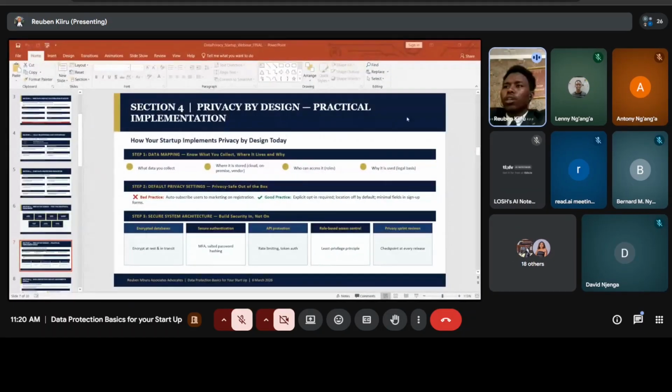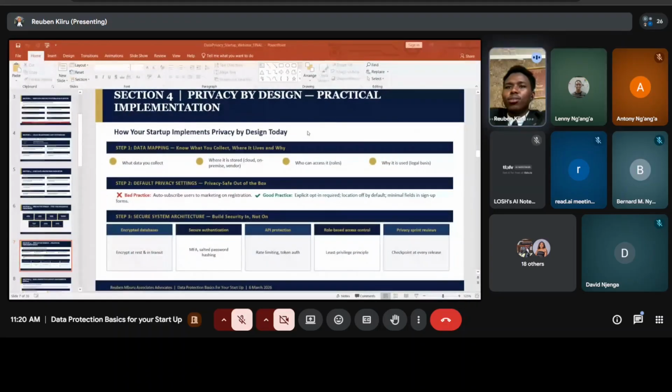And now, is it okay? Yeah, it's visible, though not in full screen, but it's better than not having the screen at all. All right, what I'll do is try to zoom it, but I'll also share the slides after the presentation, worry not, for the people who opted in.